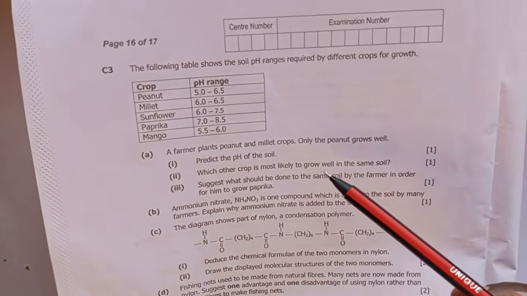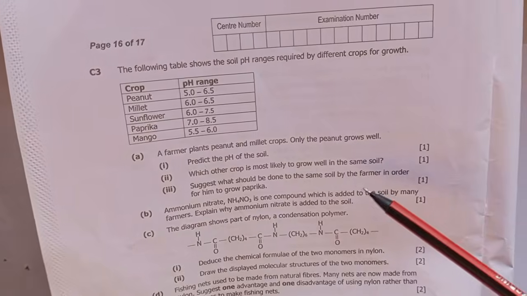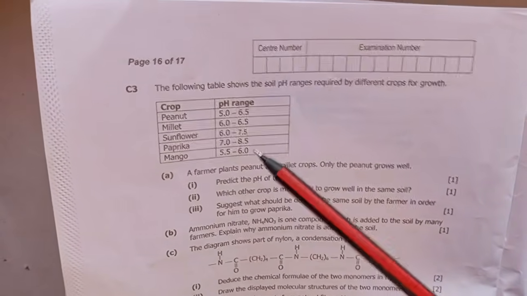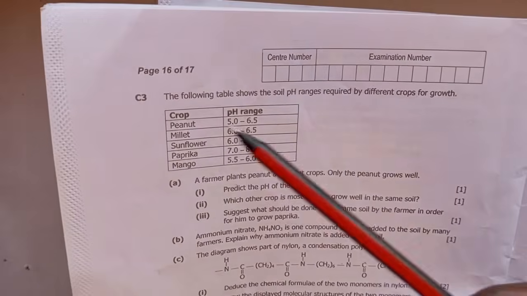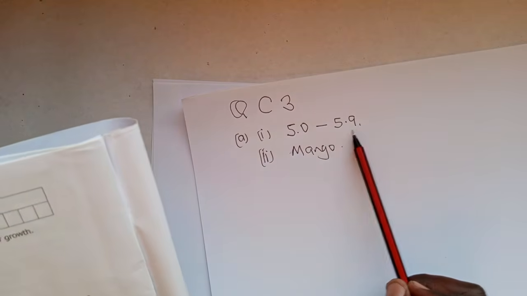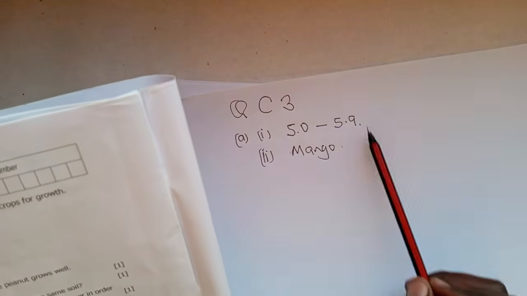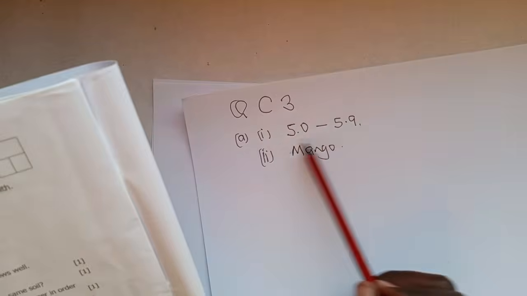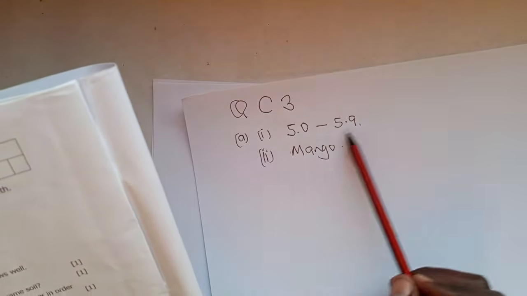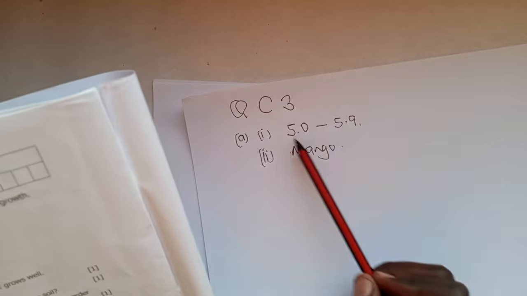Suggest what should be done to the same soil by the farmer in order for him to grow paprika. So we've discovered that this soil's pH ranges from 5.0 to 5.9 because of what we've been taught. Which one grows well? Peanut grows well, the only one which grows well.